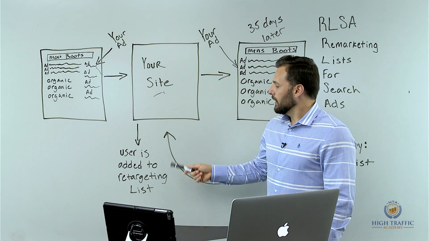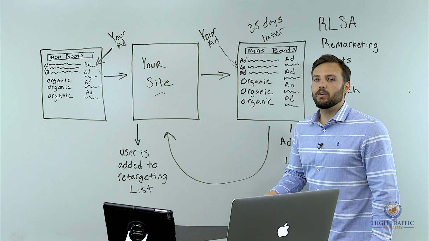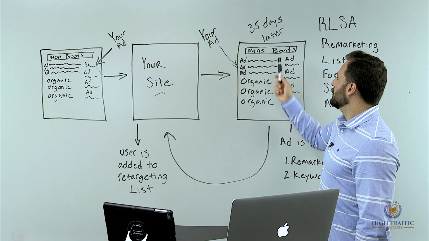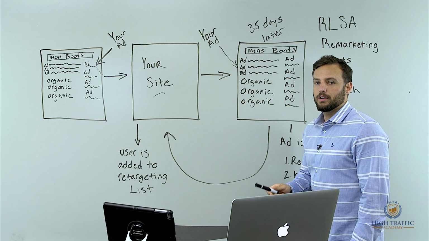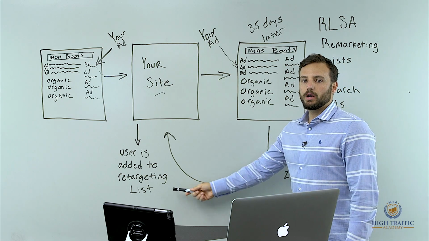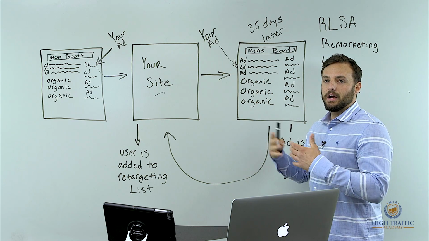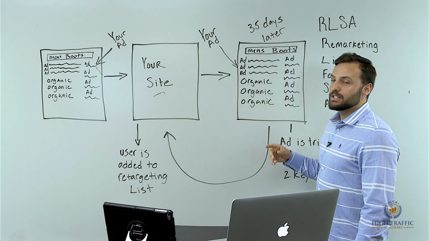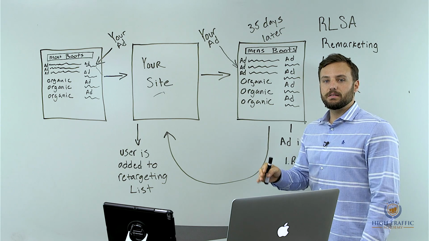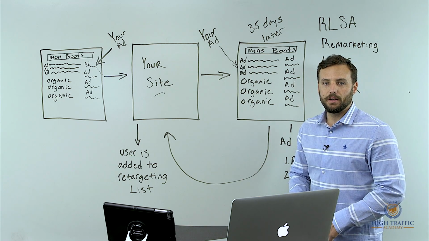However, if they are added to your remarketing list and they come back 35, 40 days later or whatever time frame it is and do another search for men's boots, you can then retarget that user because they belong to your remarketing list. You can assign a flexible bidding strategy to increase your bid for that keyword, men's boots, and then write a custom piece of ad copy, let's say we want to offer them 10% off.